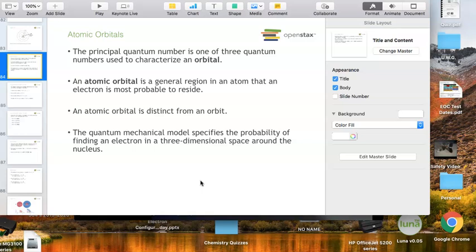The quantum mechanical model specifies a probability of finding an electron in a 3-dimensional space around the nucleus. So when we talk about orbitals in an atom, basically we're talking about an area in which an electron is most likely to be found.